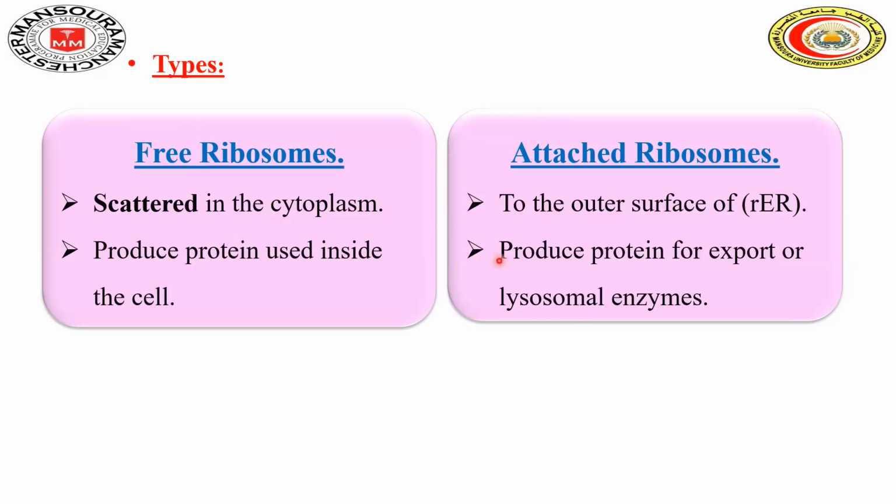But regarding the attached type, they produce protein for export, for secretion, or produce protein as lysosomal enzymes, which are present inside the lysosome. So both secretory proteins and lysosomal enzymes are produced by the attached type, while the other proteins used by the cell itself for building its components, for building its membranes, are synthesized by free ribosomes.